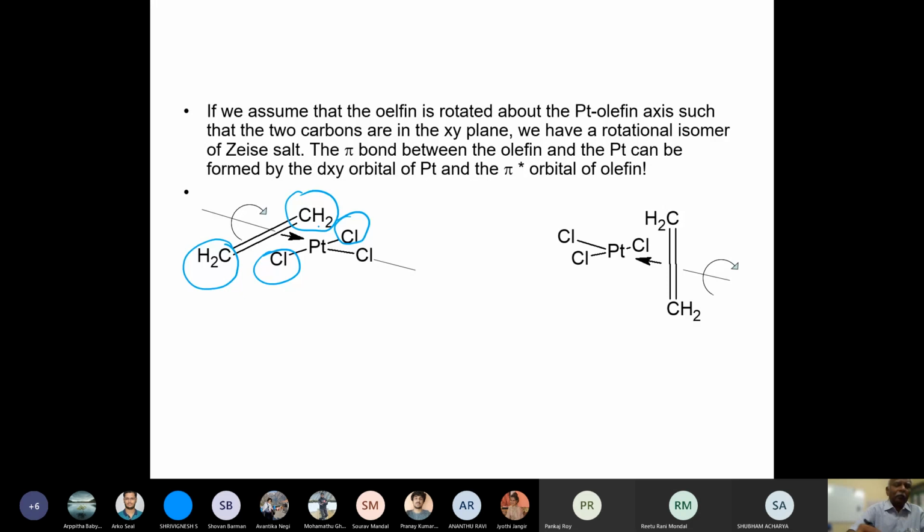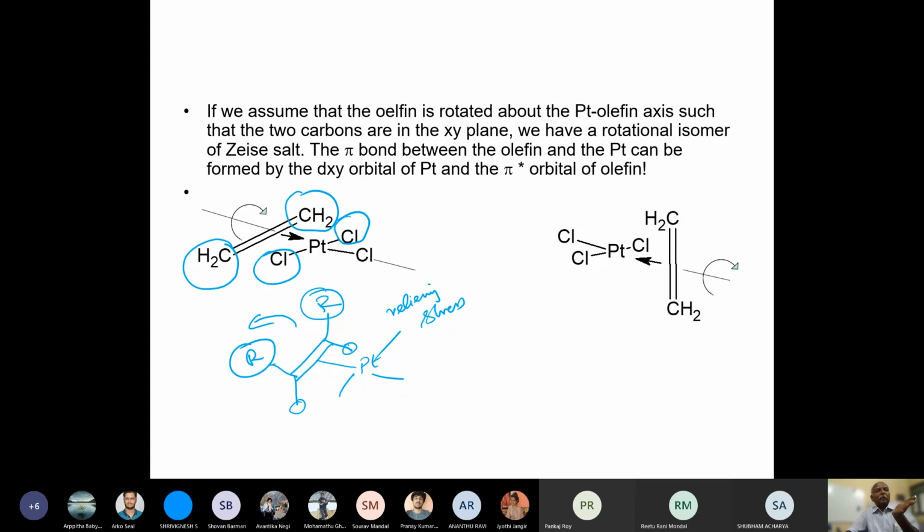So if I have an R group, if I tilt the olefin in such a way that these two hydrogens come closer and this R group is moving away, then this is relieving stress. In the case of the cis, I can do this tilting. In the trans, I cannot do this tilting. I'll have to keep it perpendicular close to the metal.